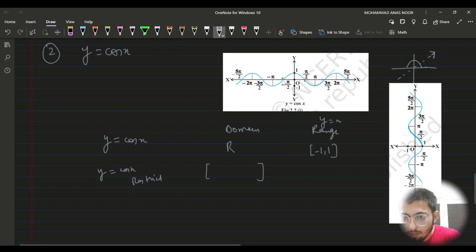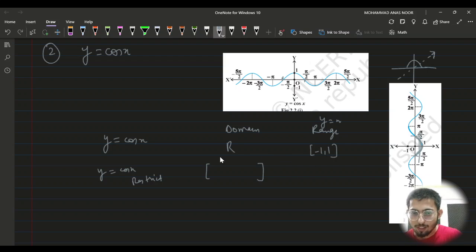So if you take from minus pi by 2, where is minus pi by 2 here? This one, right? Plus pi by 2, this one, you will get this. Now there is a problem here. When you are taking from minus pi by 2 to plus pi by 2, our issue is not resolved because that would also fail the vertical line test.